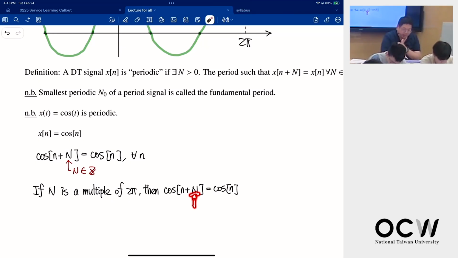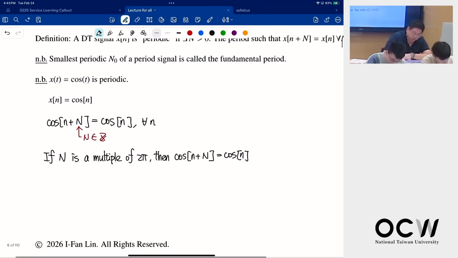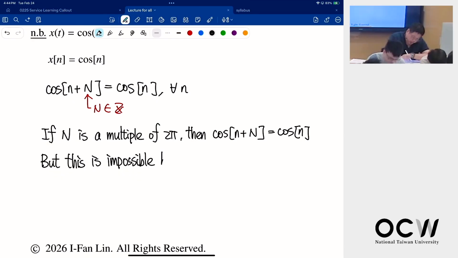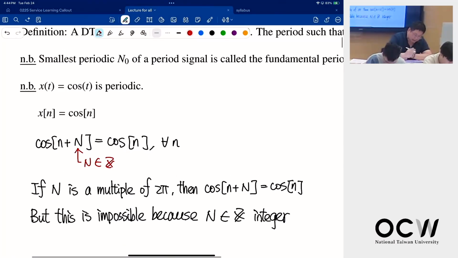If I multiply by 2 pi, no way. So cosine n in the discrete case is not periodic.